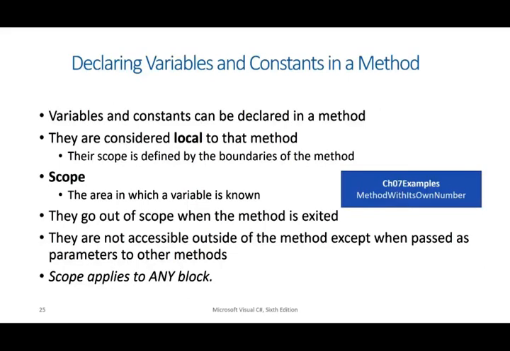So if I create a variable called name inside of a method, when the method starts, that variable name will spring into existence. And it's not accessible from any place outside the method, but within that method you can use name. As soon as the method exits, name goes away. So its scope is the method.